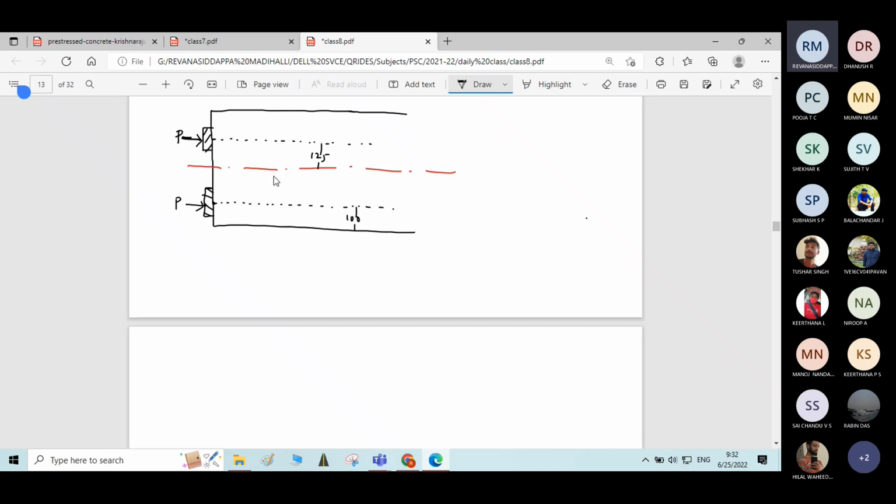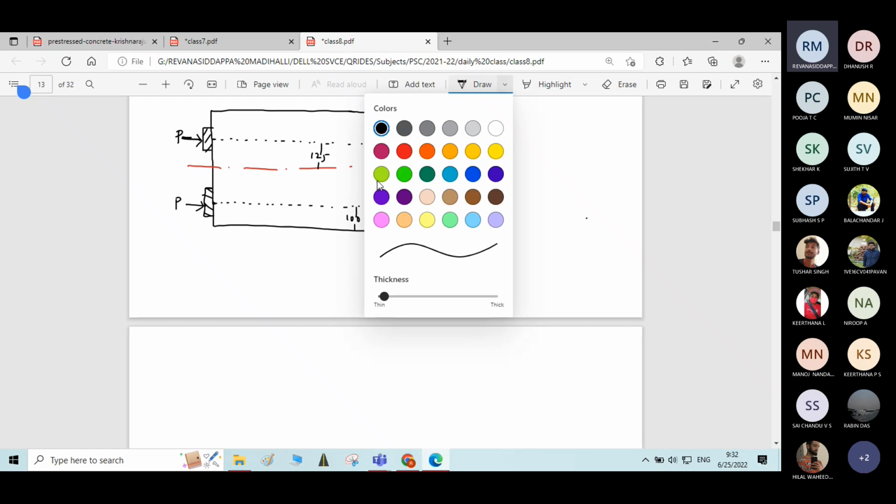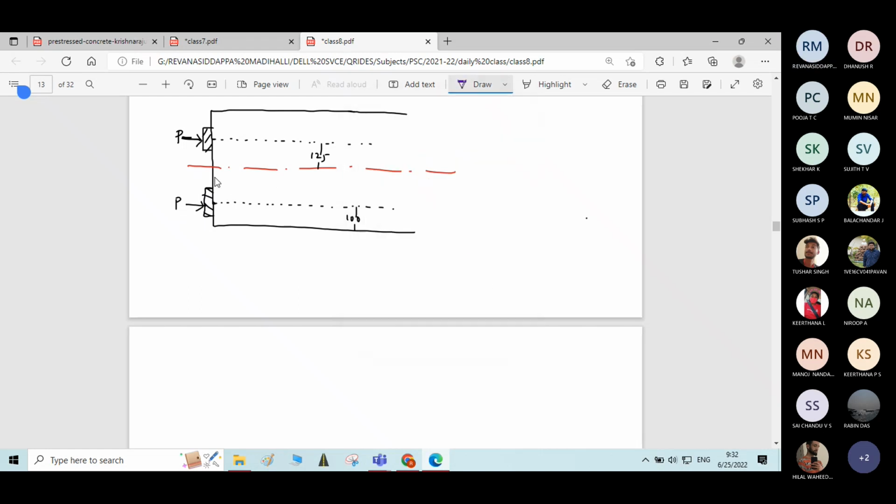Let me show the size of the prism by a dotted line. This is the size of the prism for the straight cable. Similarly, we get a different size of prism for the parabolic cable.